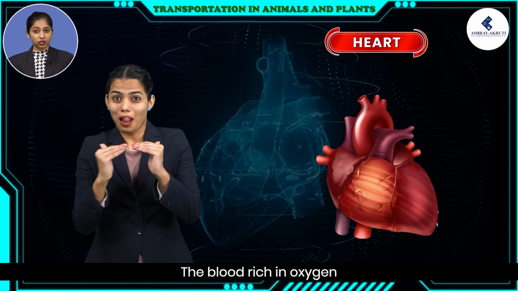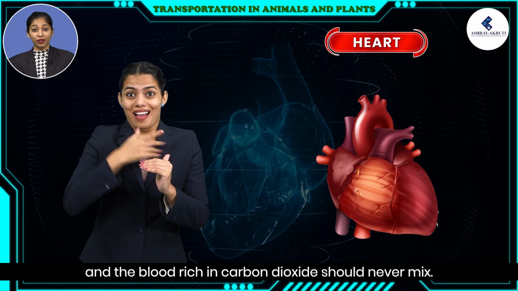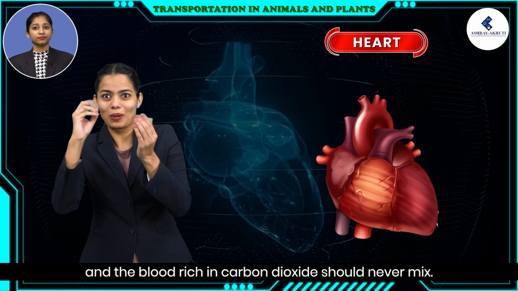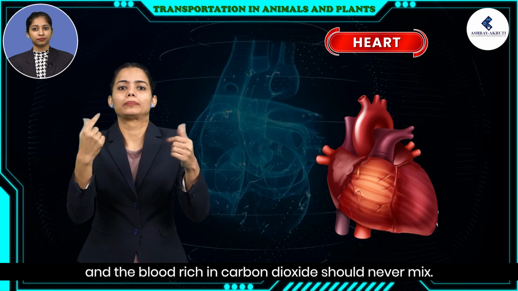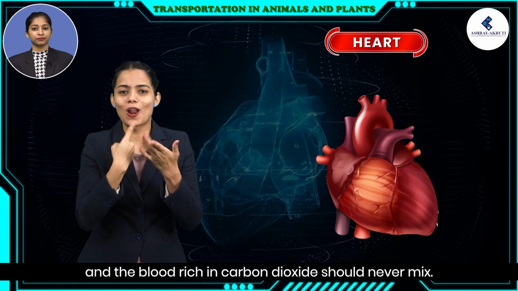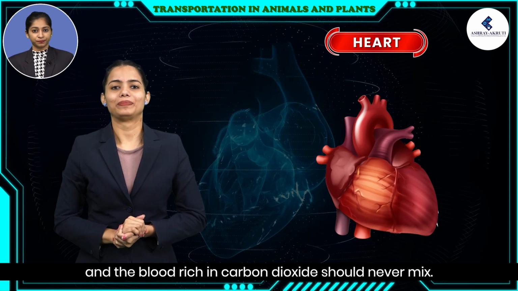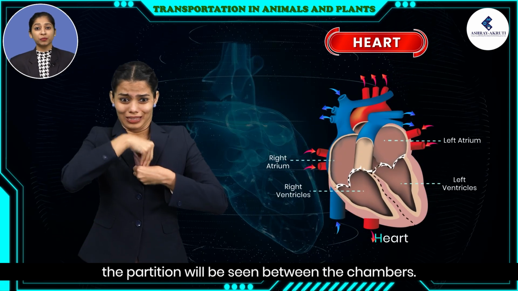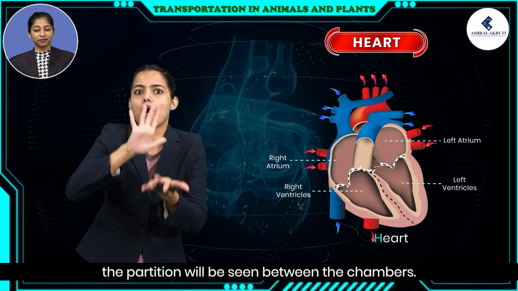The blood rich in oxygen and the blood rich in carbon dioxide should never mix. So, to avoid this happening, the partition will be seen between the chambers.